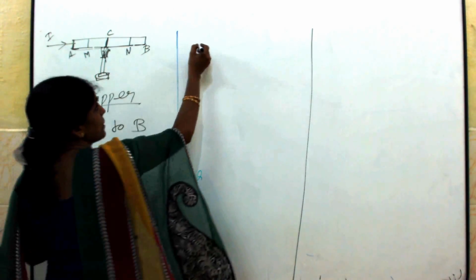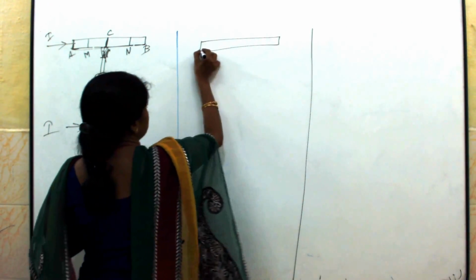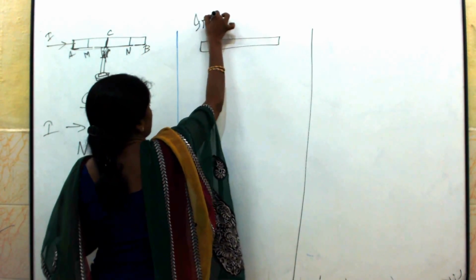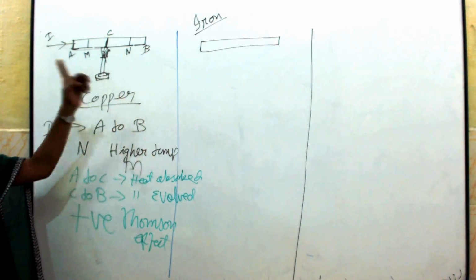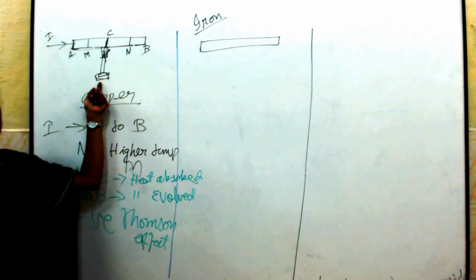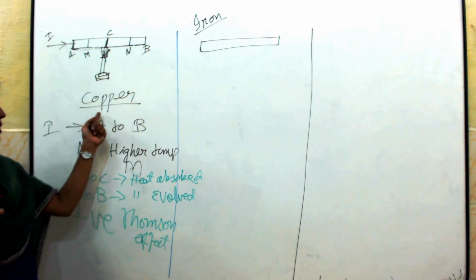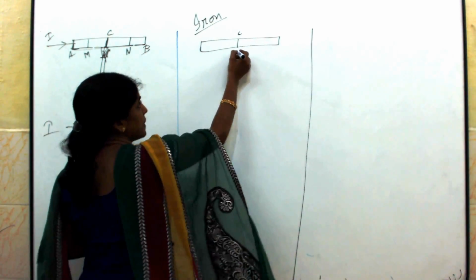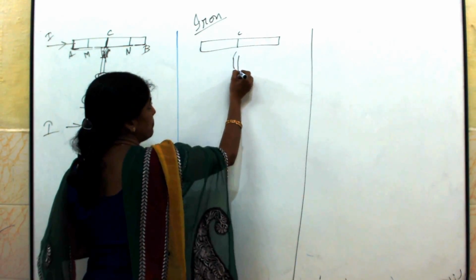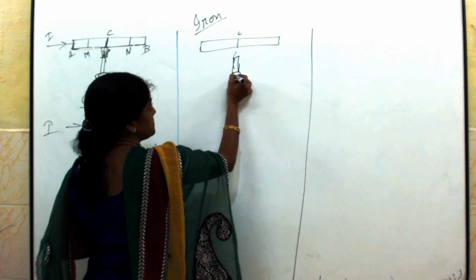Now, in the second example, we take iron. He took iron and found out what happens when this iron bar is heated unequally, in the same manner as he did for copper. Same thing here, I will take the midpoint C. Here I am going to heat the iron rod.